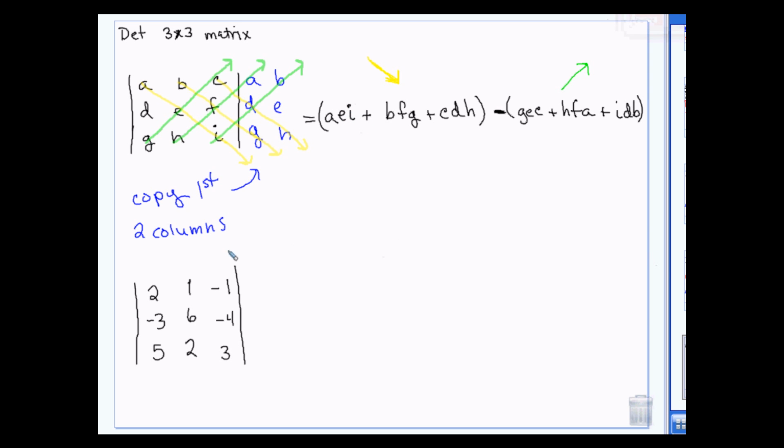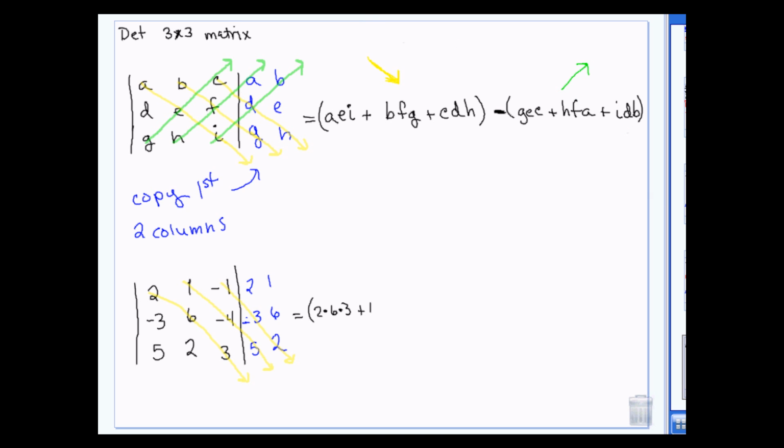All right, so here's my determinant that I want to find. I'm going to rewrite the first two columns. Okay. And then I've got my downward diagonals. So I have 2 times 6 times 3.